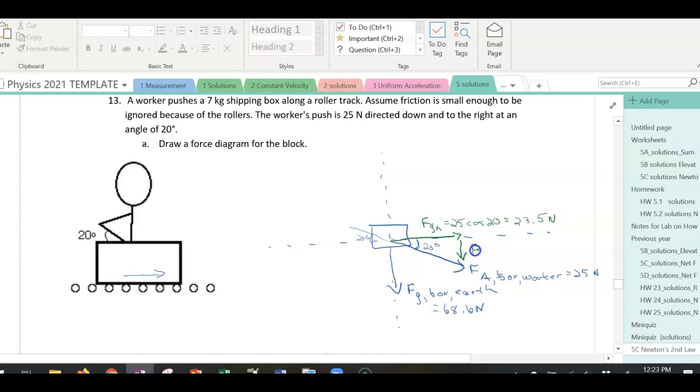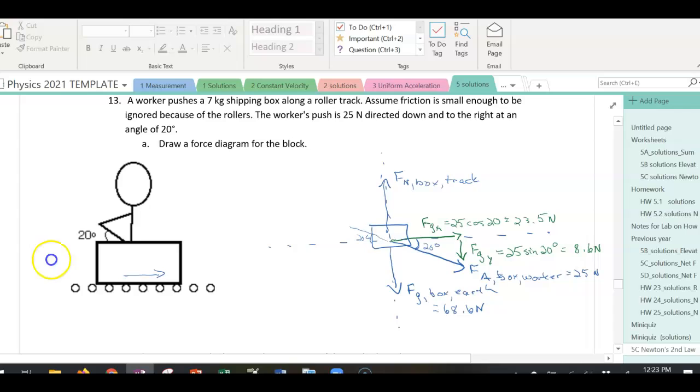And then the y component here is going to be 25 times the sine of that 20-degree angle, which is 8.6 newtons. Let's see, and then let's not forget that the roller track is supporting the box, and so there's a normal force here on the box by the track, and I don't know what it is quite yet.